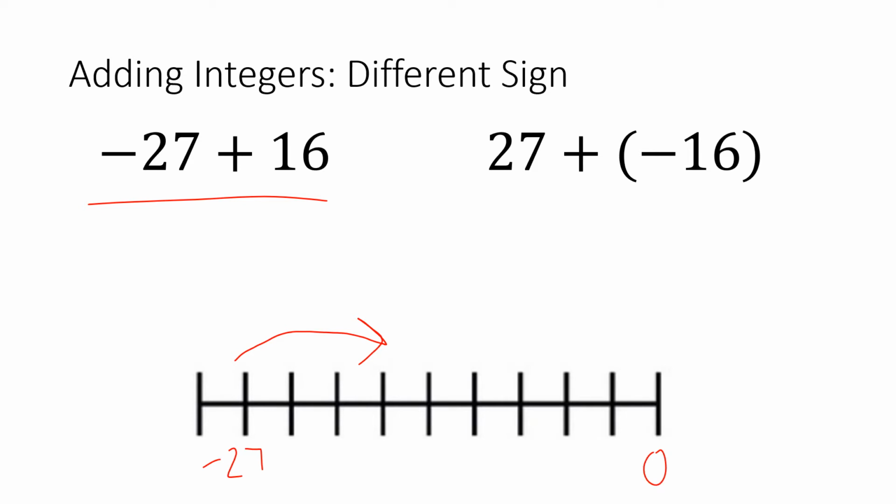That means the absolute value will be getting smaller. So we're going to find the difference between these two, 27 minus 16, which is 11. But if I start at negative 27 and I go up 16, I'm still going to be in the negatives. So our answer would be negative 11.